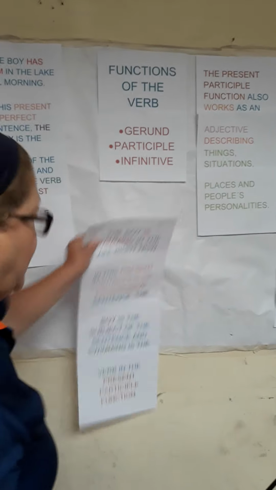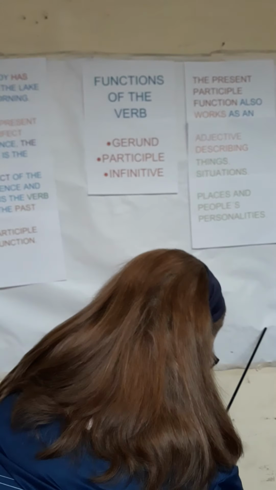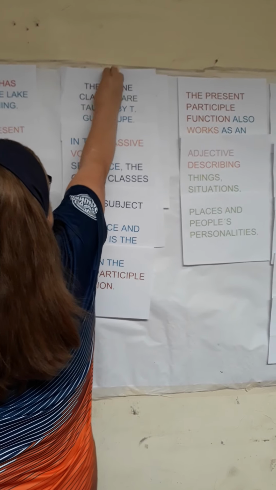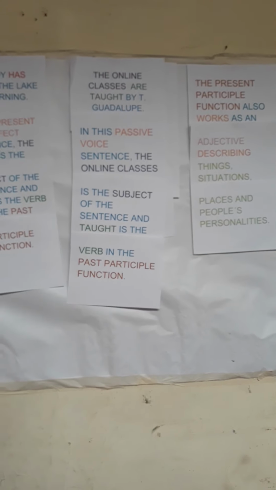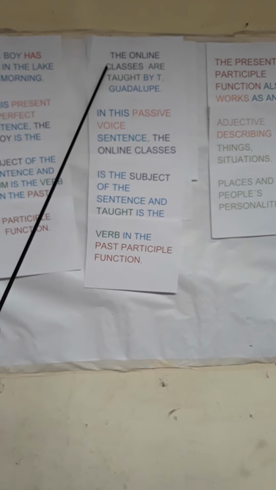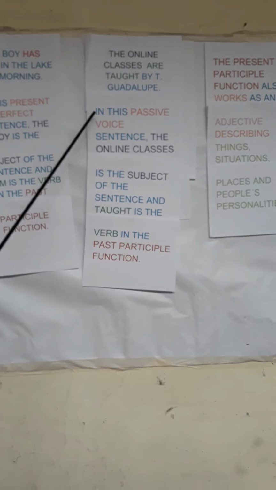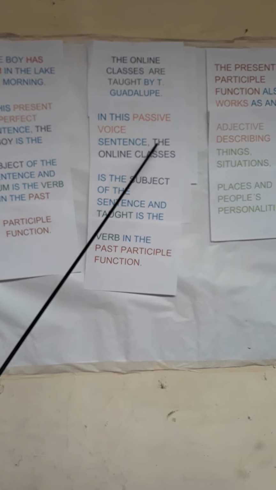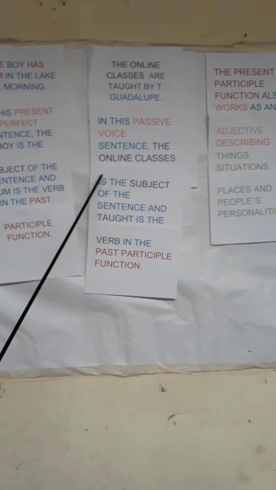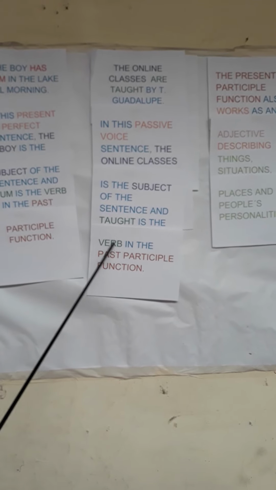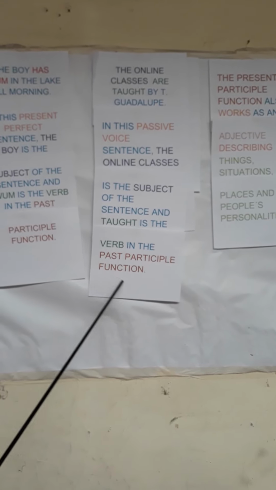Now we have another example. It says the online classes are taught by teacher Guadalupe. In this passive voice sentence, the online classes is the subject of the sentence, and taught is the verb in the past participle function.